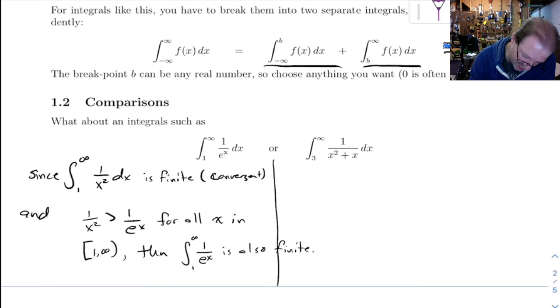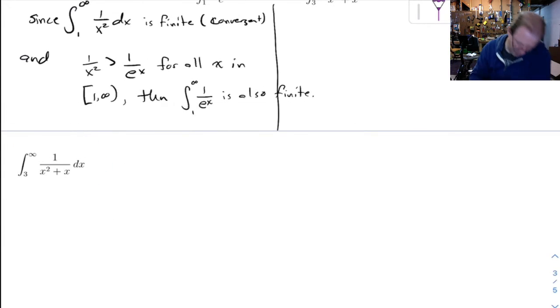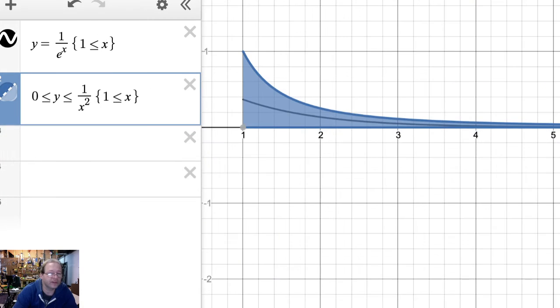Now we can do something similar for this one over here, but I want to bring this one down and work on it separately. I stuck a new page in here to work on this thing. There are two things we could do. If we just wanted to answer whether or not this thing converges or diverges, then we could compare it to x squared. If you come over here and you look at x squared, let's look at Desmos.